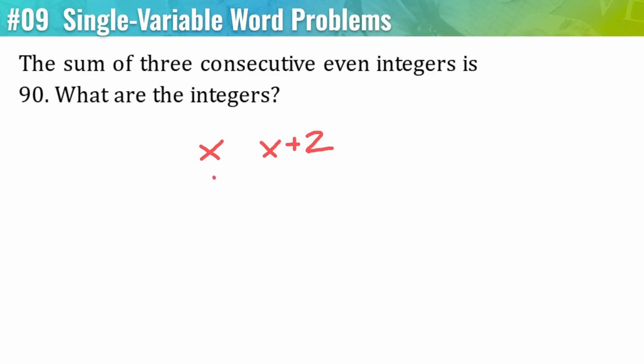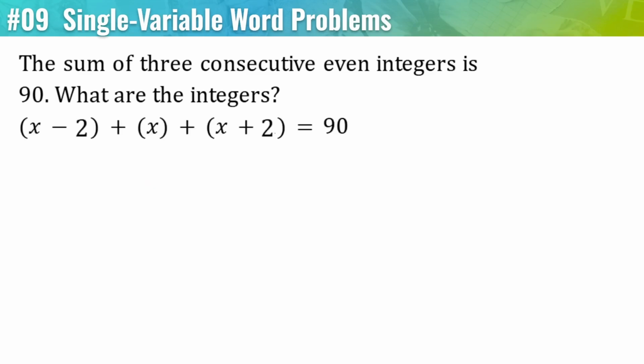So here we have a difference of 2. We can also have a difference of 2 going backwards, which is x minus 2. So the reason we're using x minus 2 instead of x plus 4 is because this will simplify into 3x and it will also not affect the sum. Since we're just representing this variable with no other information than their sum is 90.